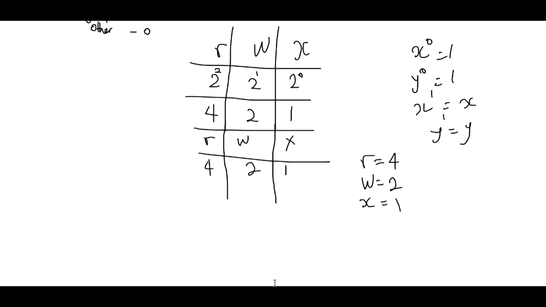Read and write is 6. Write and execute is 3. Good. Read and execute is what? 5, good, 4 plus 1. And then read, write, execute is 7. Beautiful.